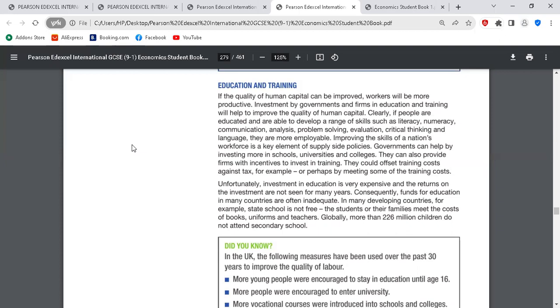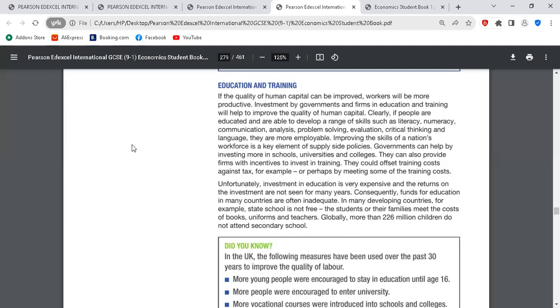Another way is by offsetting their training costs. So come with your bills, your training invoices, and we pay 30% of it. You've trained 100 workers this year, and the total cost is maybe 100,000. The government of this country will give you 30% of that, 40% of that.